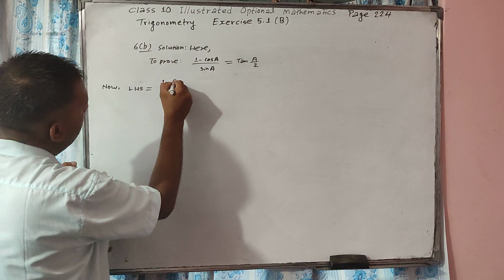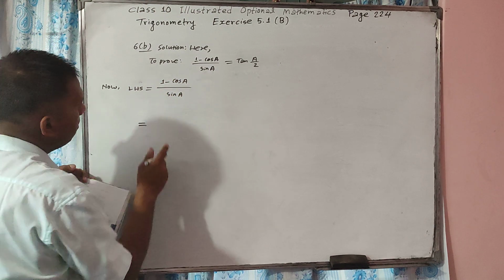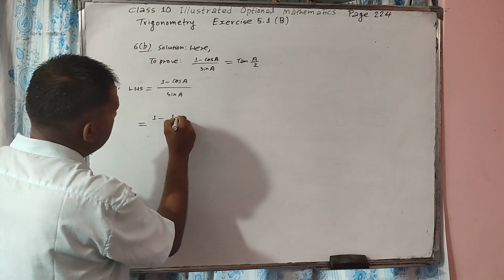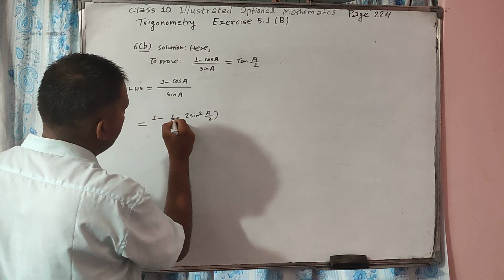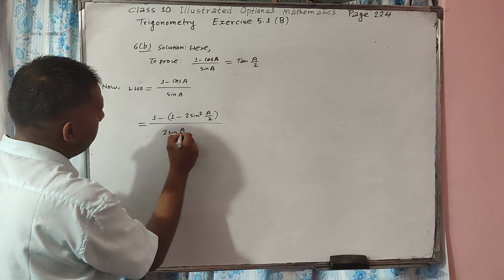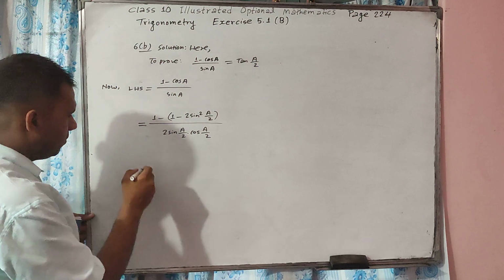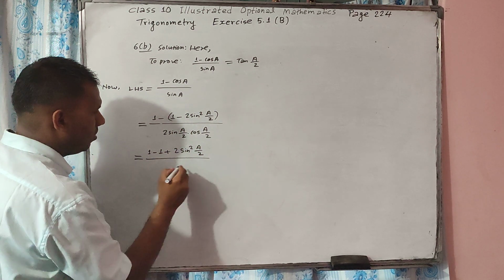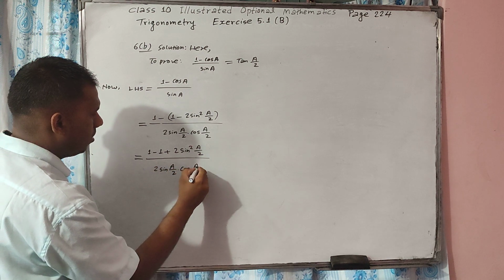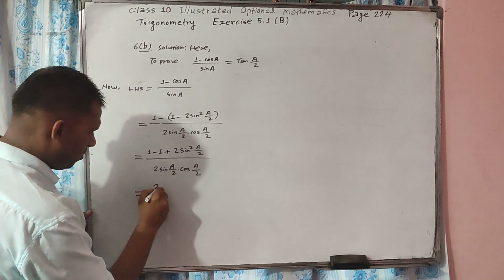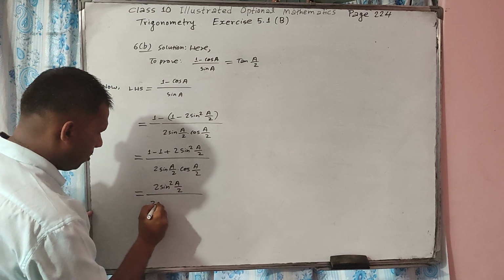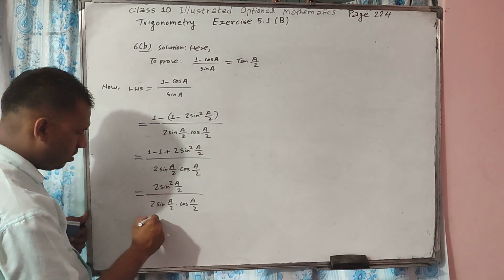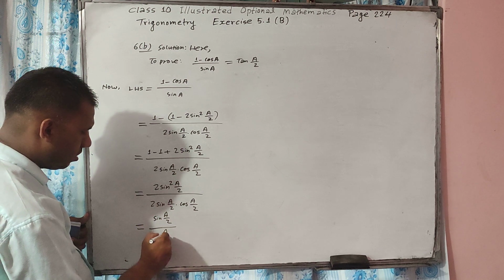Now LHS is equal to (1 minus cos A) upon sin A. 1 minus cos A, that is 1 minus (1 minus 2 sin square A/2) in half angle form, whole upon sin A, 2 sin A/2 dot cos A/2 in half angle form. 1 minus 1 cancel out, remaining 2 sin square A/2 upon 2 sin A/2 dot cos A/2. 2 cancel out, sin A/2 cancel, remaining sin A/2 on the numerator, cos A/2 on the denominator.